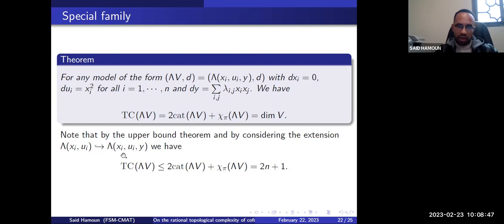Then we can apply the theorem of the upper bound, and here we get TC of lambda V is less or equal than 2 times cat plus chi pi. Category here is the dimension of V odd, which is n plus 1, and chi pi is the dimension of V even minus the dimension of V odd, which is n minus n plus 1, which is minus 1. Then here it corresponds exactly to 2n plus 1, which is the dimension of V.